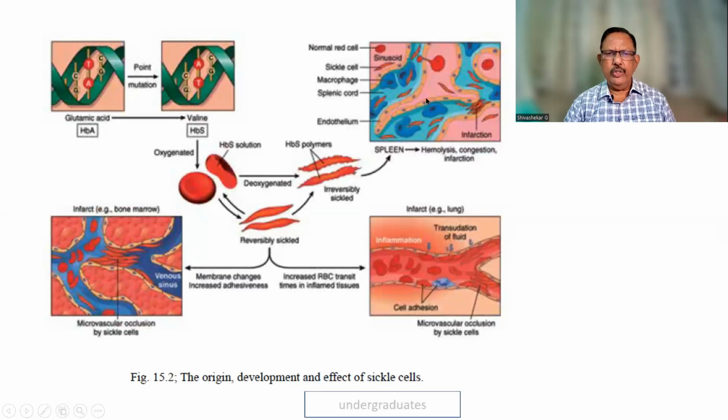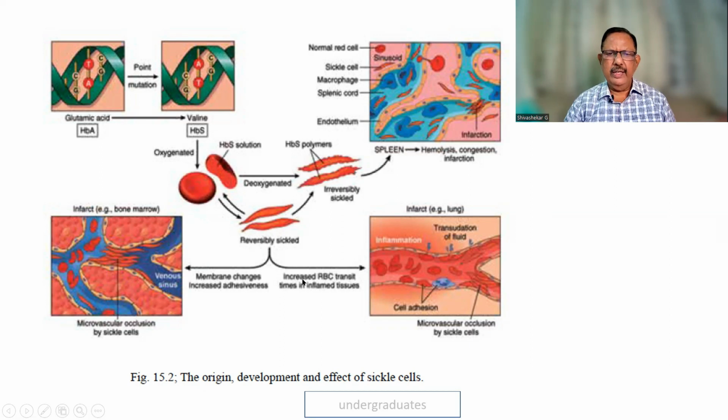So this is the pathogenesis. The genetics have already been mentioned. In the splenic sinusoids, there is sickling, there is occlusion, and hemolysis occurs. The cells become irreversibly sickled, and as a result there is no patency of the lumen. But sometimes they can be reversibly sickled also.